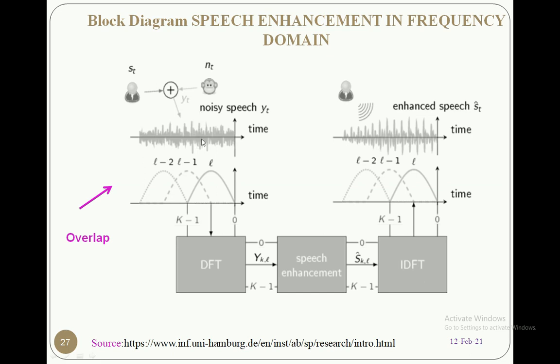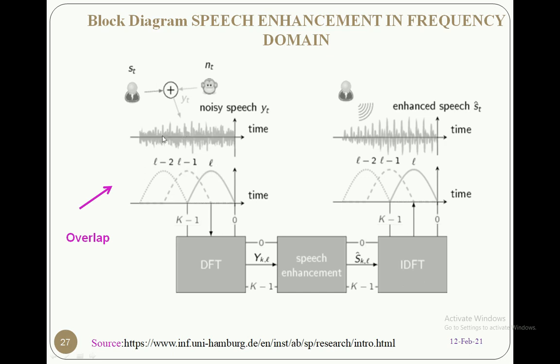On that first short segment, I am applying the window which has samples 0 to K minus 1. This is the first window, this is the L minus 1 window, and this is the L minus 2 window here.